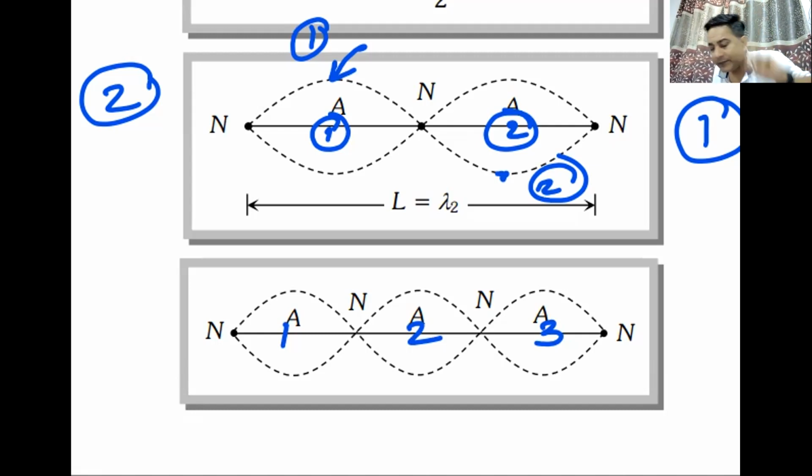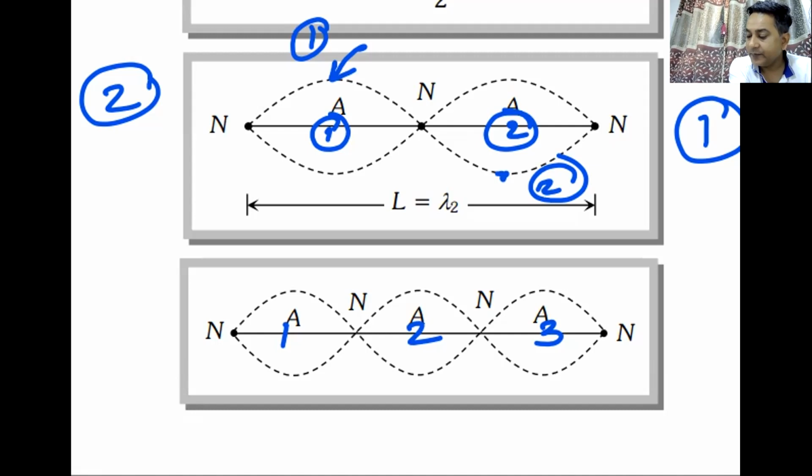Between 2 and 3, they again differ by a phase angle of pi. Do we understand this? Yes or no? So this is the diagram that I wanted to show you to explain what was given here in point number 6 and point number 7.